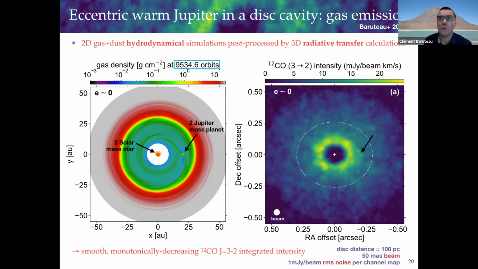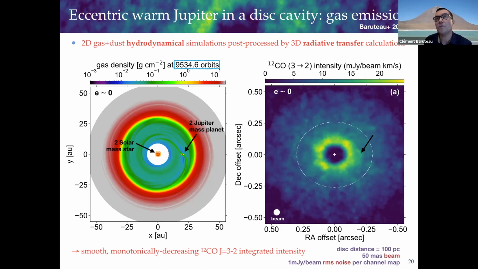Not quite actually, because when we form the cavity in the gas via this jump in the turbulent viscosity, then to keep a roughly steady state of mass accretion within the disk, the surface density in the gas will also experience a jump along the radial direction.